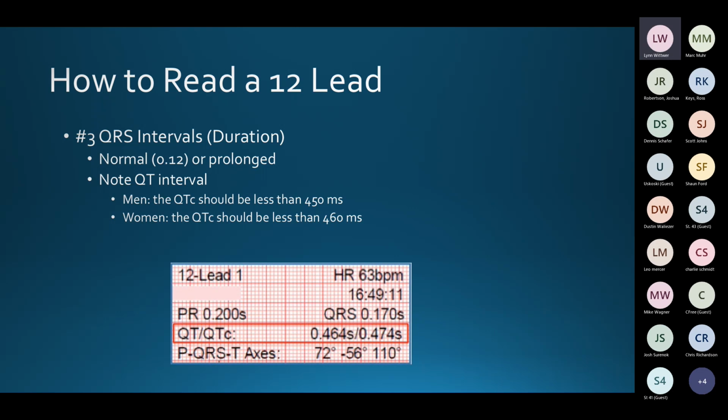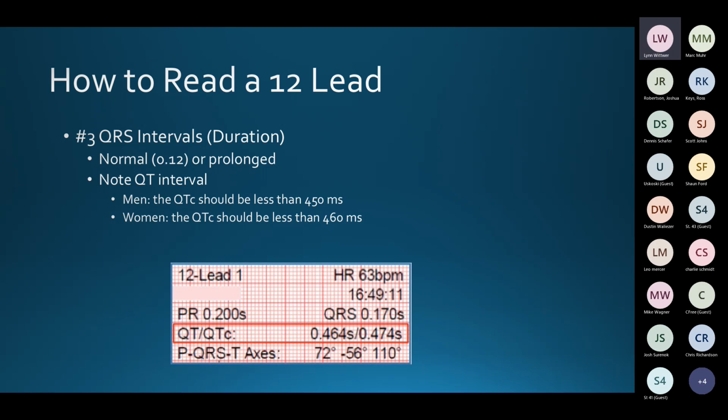Note the QT interval. Now, this is another nice thing that happens with the new 12 leads, is that it will tell you the QTc. The QTc is the QT calculated, but it tells you all those things.